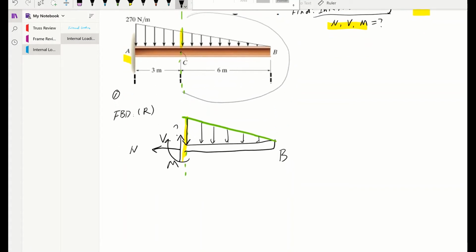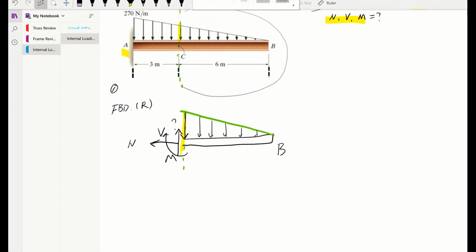Sum of forces in the x direction. What do we have? We only have N to the left, so that's going to be negative. No other forces are in the x direction, so that equals 0. What do we get? Normal force equals 0. You've solved the first of the three.